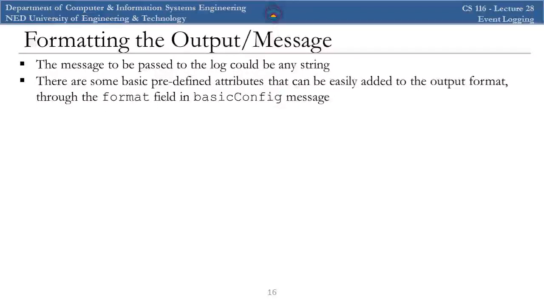At the instance when that method is called in your program while running, there are some attributes that will be maintained for that specific point. Now, again, there is a long list of those attributes, but I'm just listing here a few interesting ones. And you can print these attributes along with your message into the log file or onto the console, right? So let's see what these are.